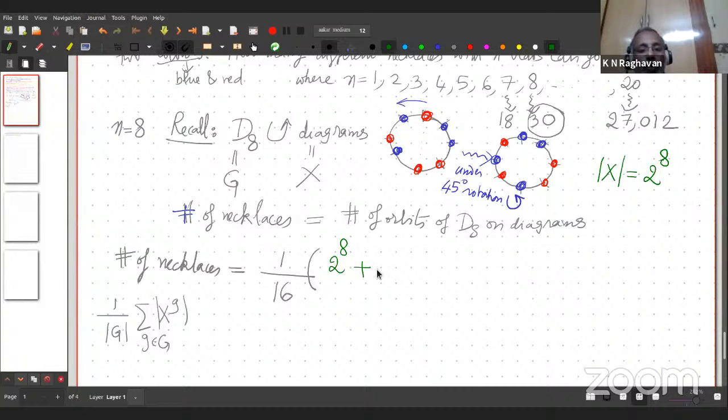Okay. Now suppose I take the rotation by 45 degrees. How many diagrams are fixed by, now it becomes interesting. How many diagrams are fixed by such a rotation? So what it means is, I hope you understand. You imagine a diagram and turn it by 45 degrees, and the diagram should look the same. How many diagrams are there?